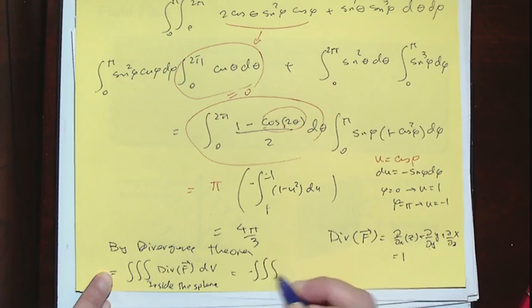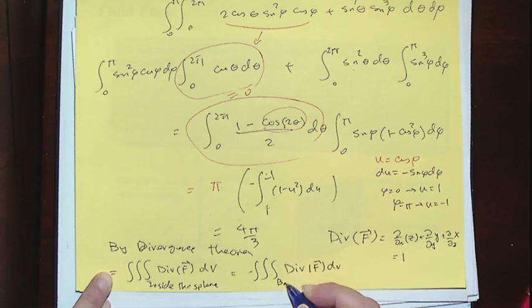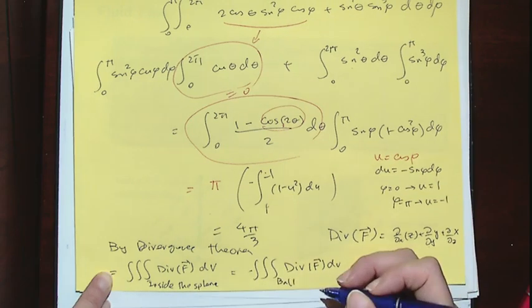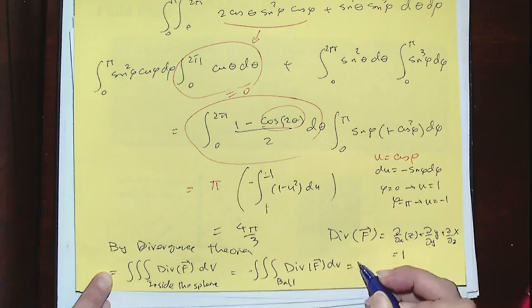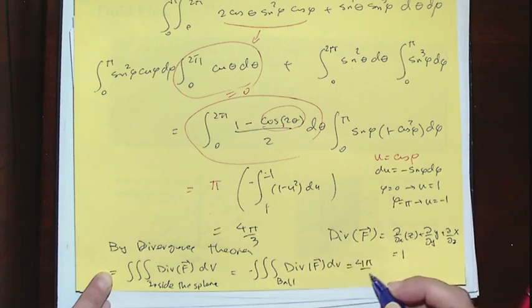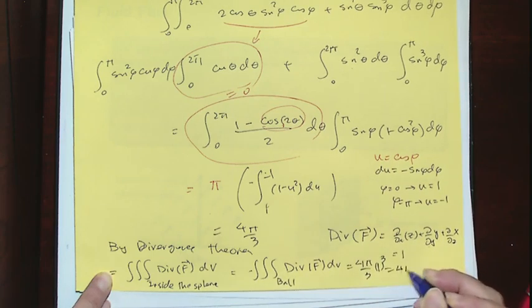What would this be? The volume of the sphere. Can anybody tell me what's the volume of the sphere? 4 pi third r cubed. That is 4 pi third.